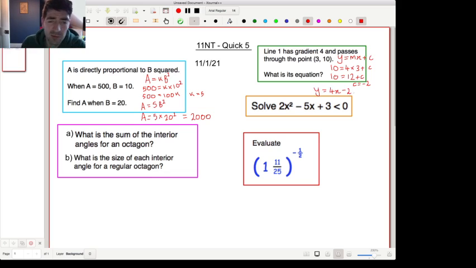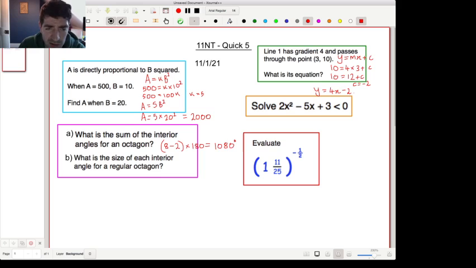Over here, the sum of the interior angles for an octagon. For this one, you just want to use the formula (n minus 2) times 180, so 8 minus 2 times 180. This will always work, so we want to do 6 times 180, and that's going to be 1080 degrees.